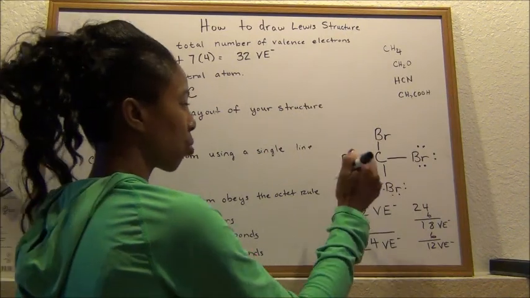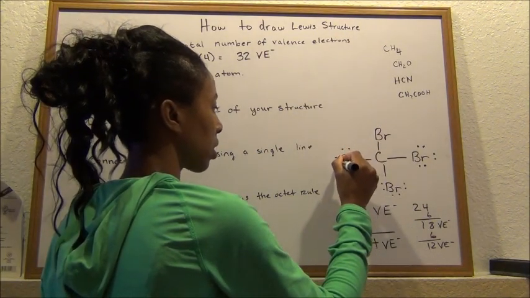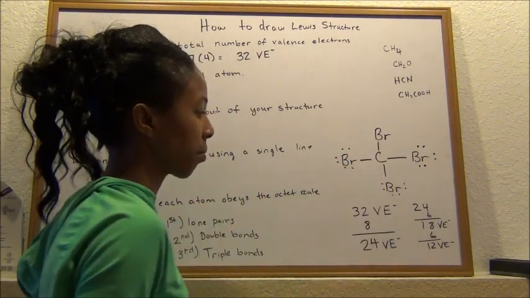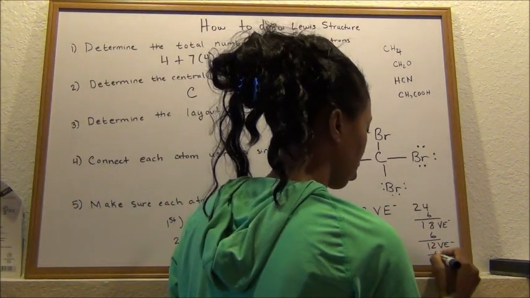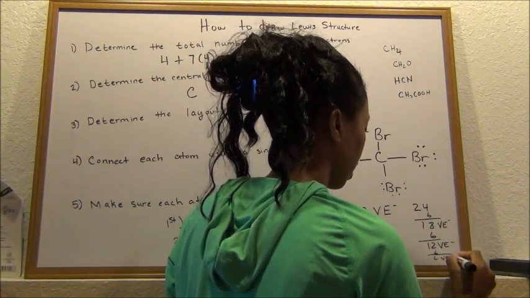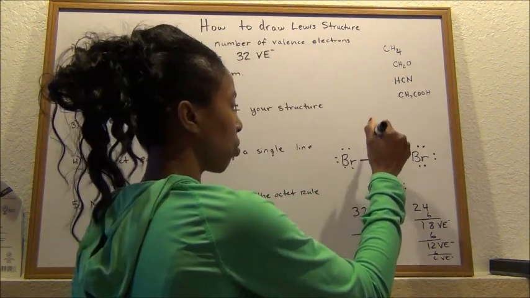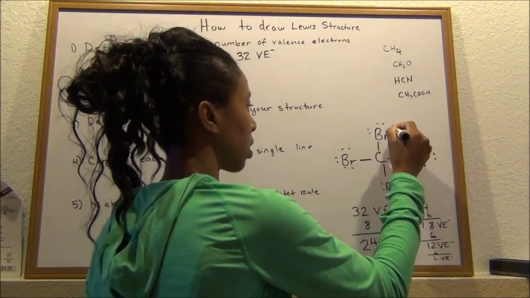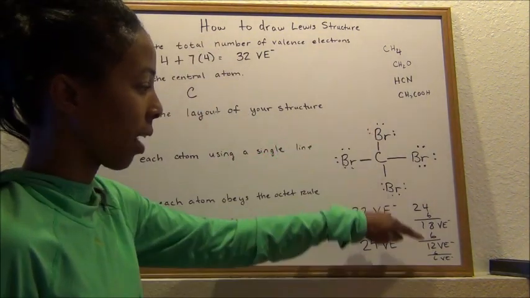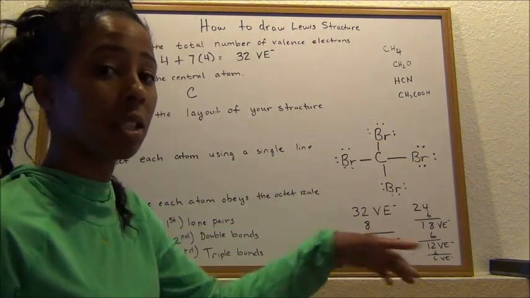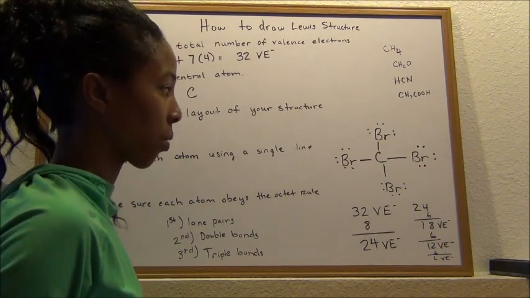This bromine has 2 around it, 4, 6, 8. So I've used up 6 electrons. So that leaves me with 6 valence electrons. So I go up here and I have 2, 4, 6, 8. And so now I used up my last 6 valence electrons, and I'm left with 0.